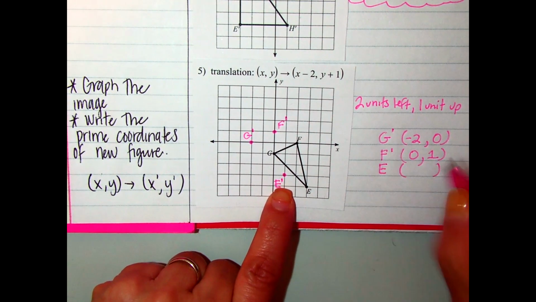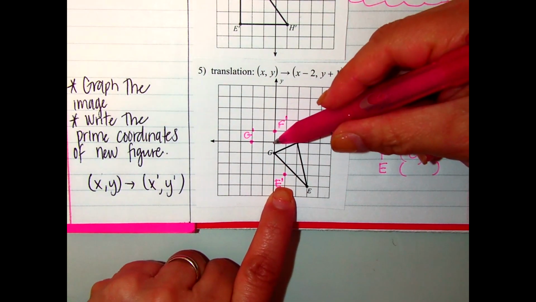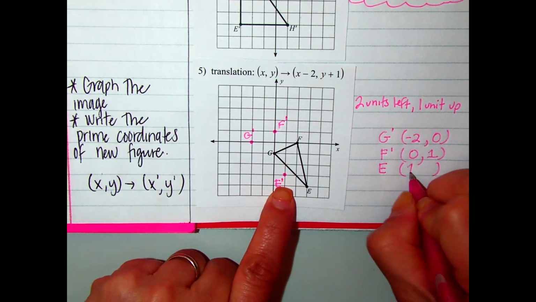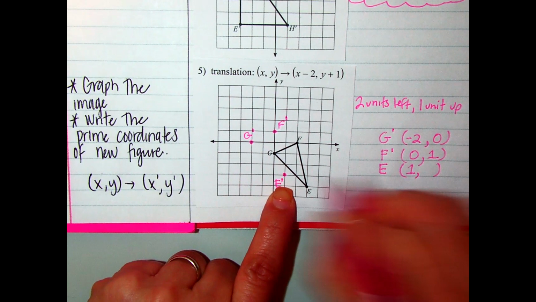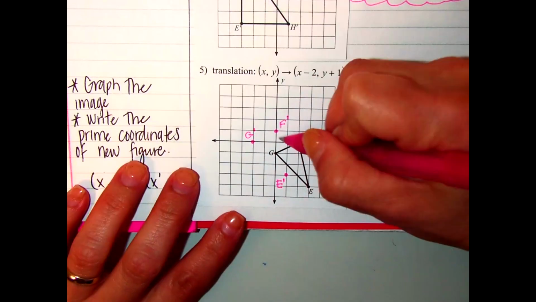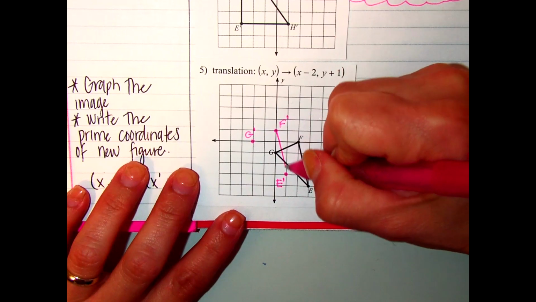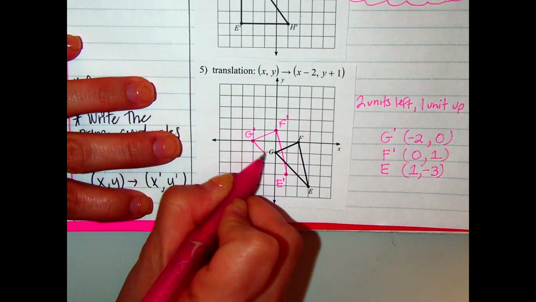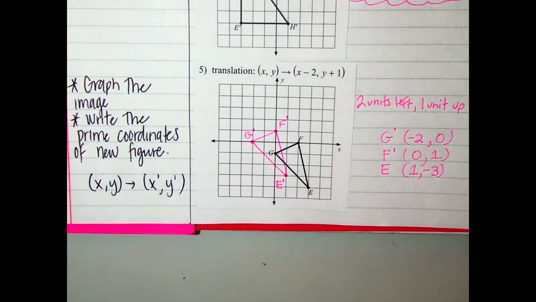So from the origin, I'm going to travel 1 to the right and 1, 2, 3 down. So 1 to the right means positive 1, and then 3 down means negative 3. Okay. Make sure to use your straight edge to draw your shape so that it's nice and accurate. Okay, now I hope that this clarifies how to transform a figure on the coordinate plane using translations.